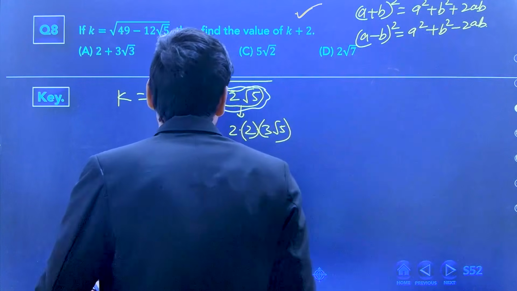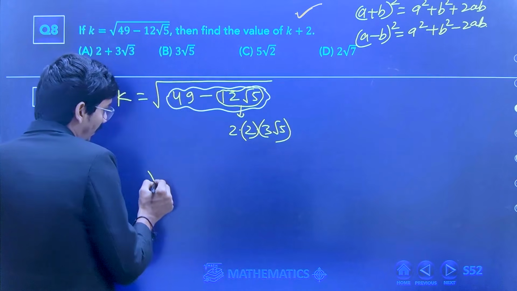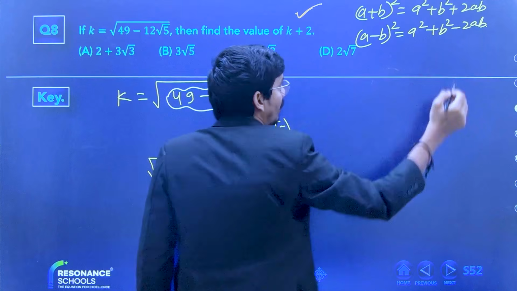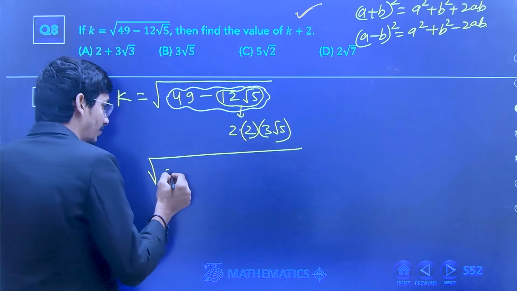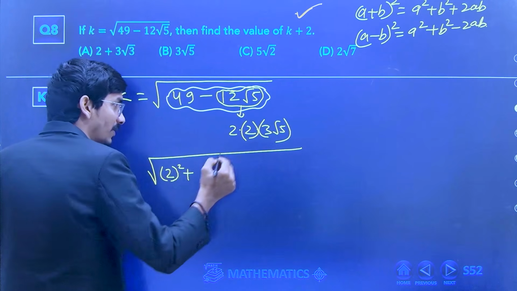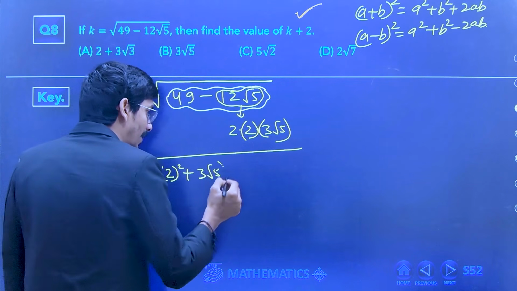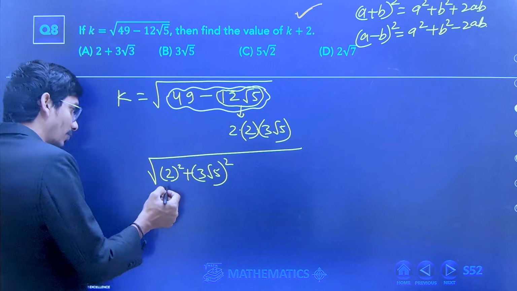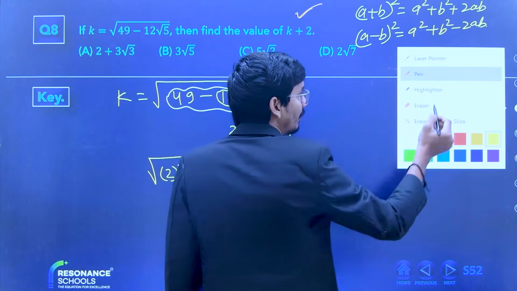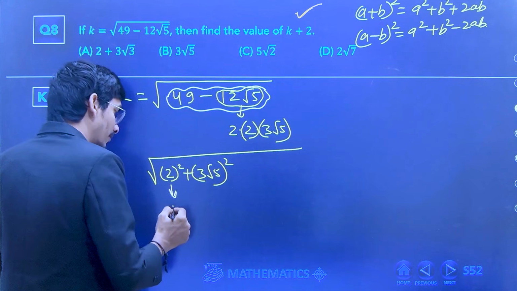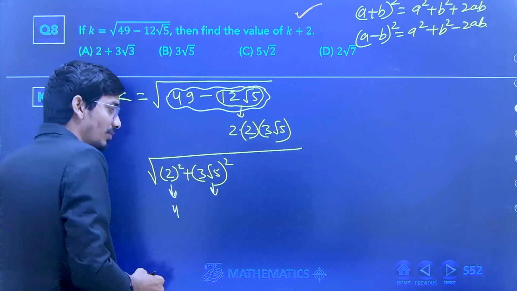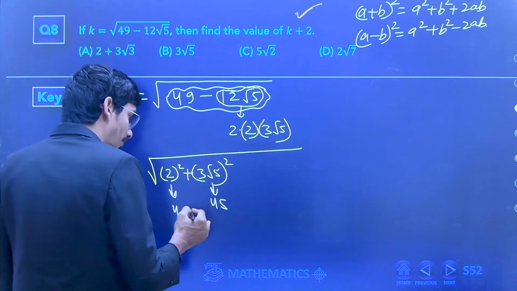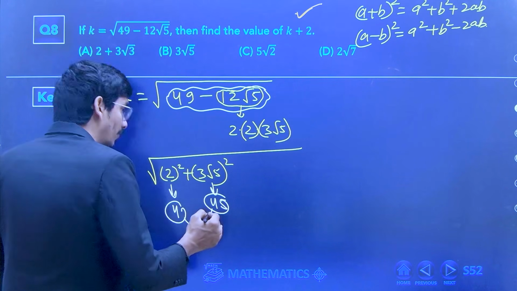Now listen carefully, beta. I am writing like this: 2 into A into B, where A is 2 and B is 3 root 5. So 2 ka square is 4 and 3 root 5 ka square is 9 into 5, 45. 45 plus 4 is 49.